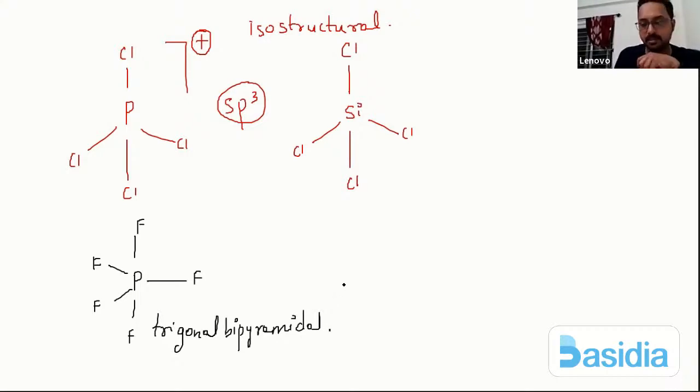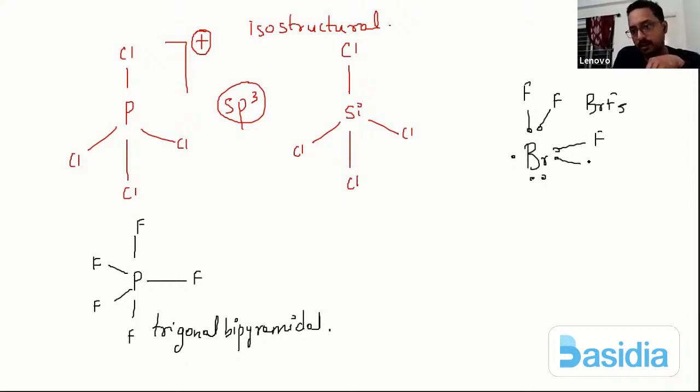But when you see the BrF5 structure, Br, if I write the Lewis dot structure, it has 7 electrons on it. So BrF5 means I'll attach one fluorine, another fluorine, then another, then another, correct?